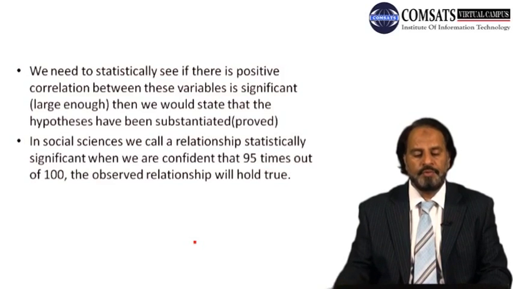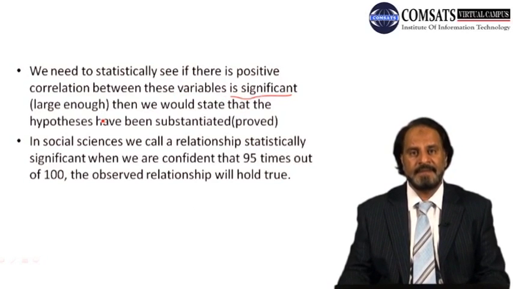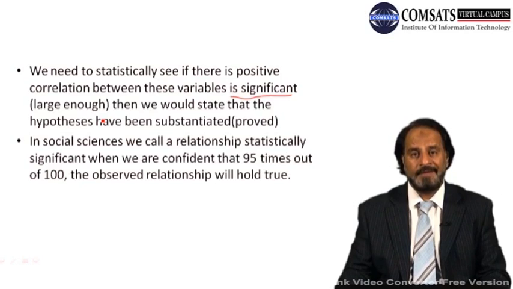We also need to see if the correlation is significant or not. So while testing these relationships, one thing is to find out if these variables are related. The second thing we want to make sure is that the relationship is significant or large enough that we could say that our hypothesis has been proven or not.